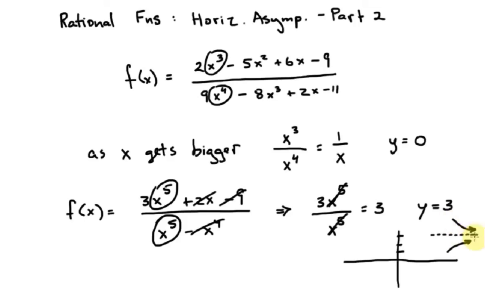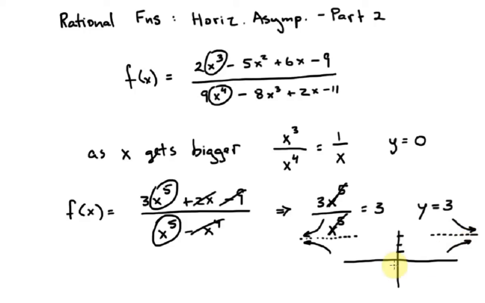But that's the value it's trying to approach. And the same thing is going to happen over on this side. It's either going to come roaring up from the bottom or it'll come settling down from the top. Okay, that's what we're saying when we say y equals 3 is a horizontal asymptote.